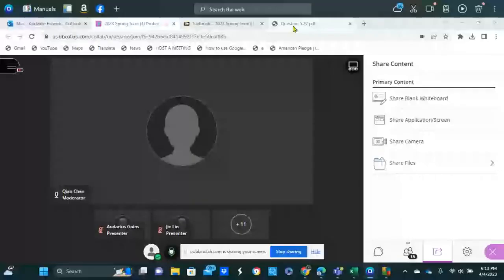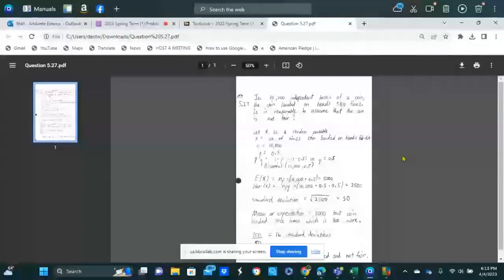I'm doing 5.27. It says in 10,000 independent tosses of a coin, the coin landed on heads 5,800 times. Is it reasonable to assume that the coin is not fair? Let X be a random variable. X is the number of times the coin landed on heads, which is 5,800.